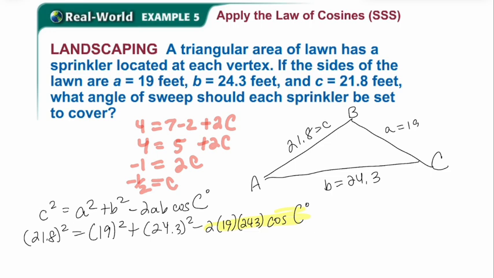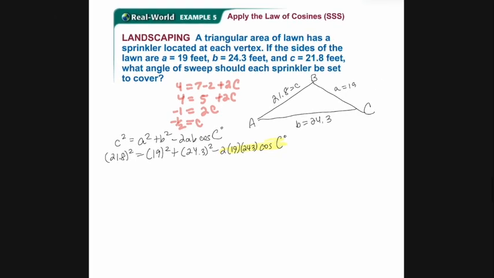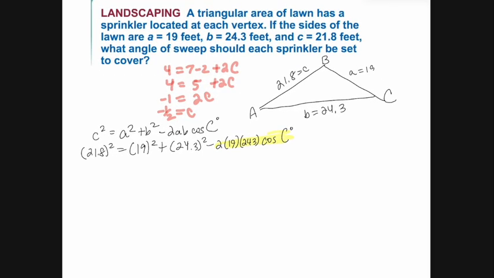Okay, so that being said, here's my suggestion on how not to mess this up. Find out on a calculator what is 21.8 squared. Find out on a calculator, unless you can do it in your head, what is 19 squared. Find out 24.3 squared. 590.49.